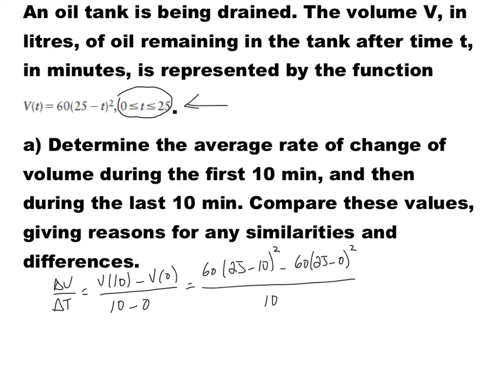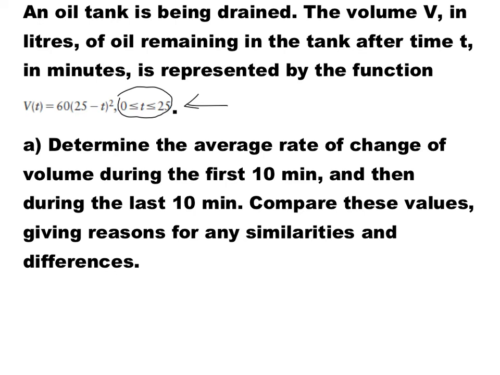If we simplify this one, we get negative 2400 liters per minute. So that's the average rate of change for the first 10 minutes.